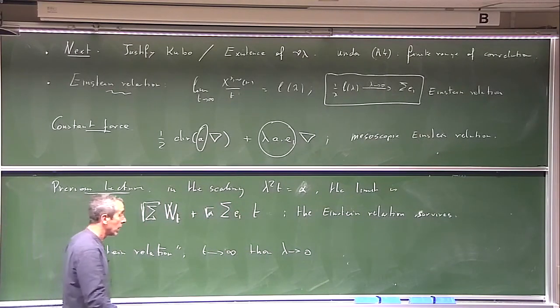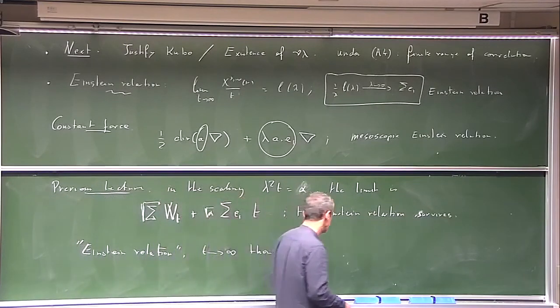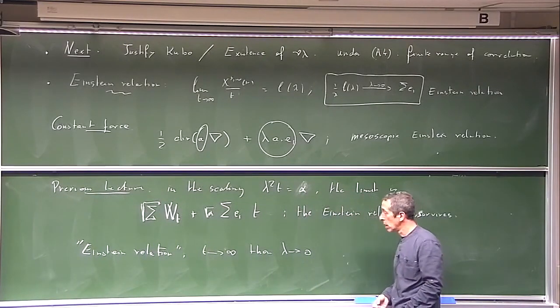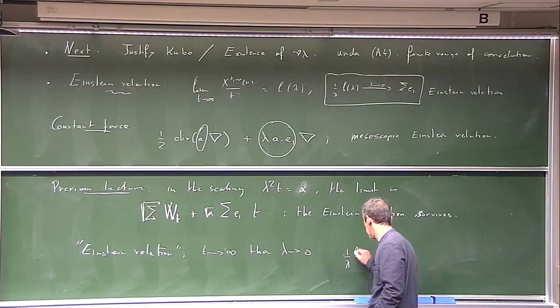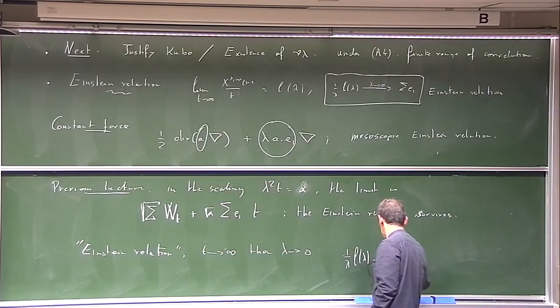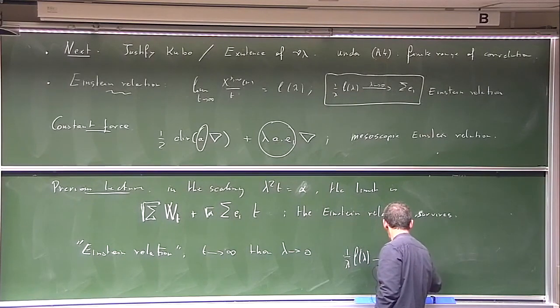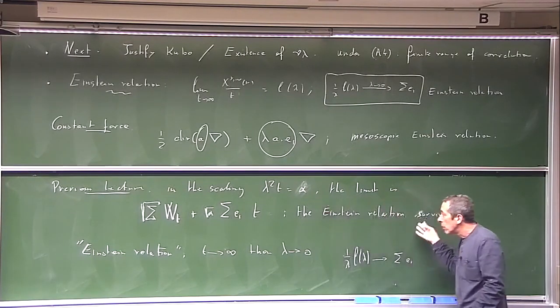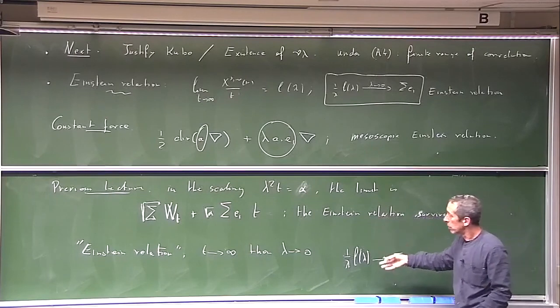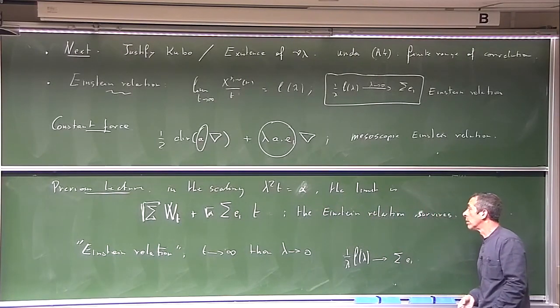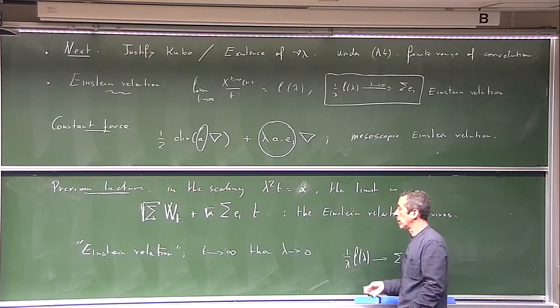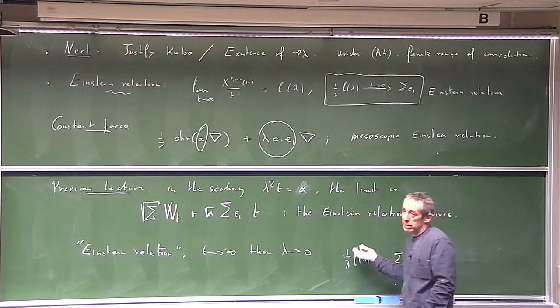It's just the speed. So what is now known as Einstein relation is the fact that 1 over lambda L of lambda converges to sigma E1, which is some kind of infinite time, or it would be better to say alpha tending to infinity, relation. But okay, this is the way it is now.